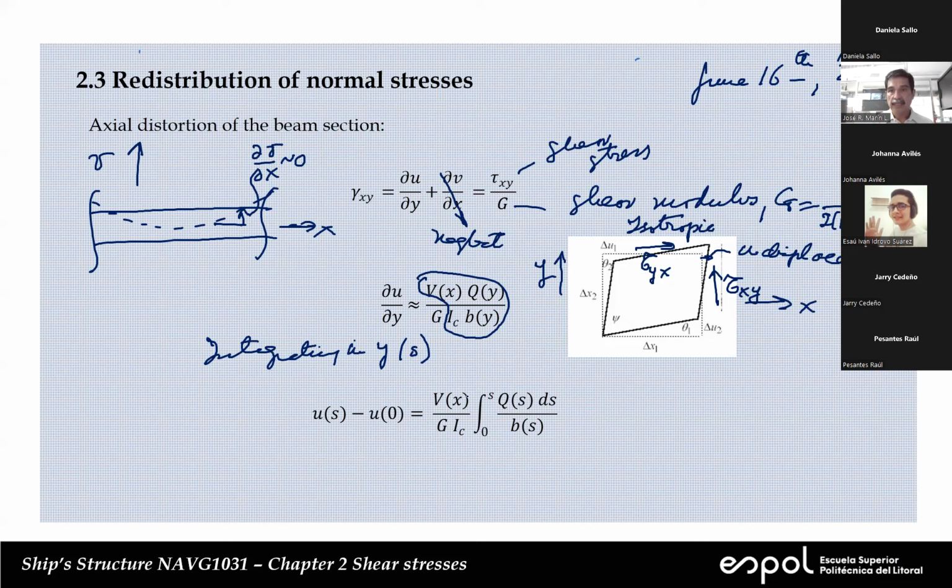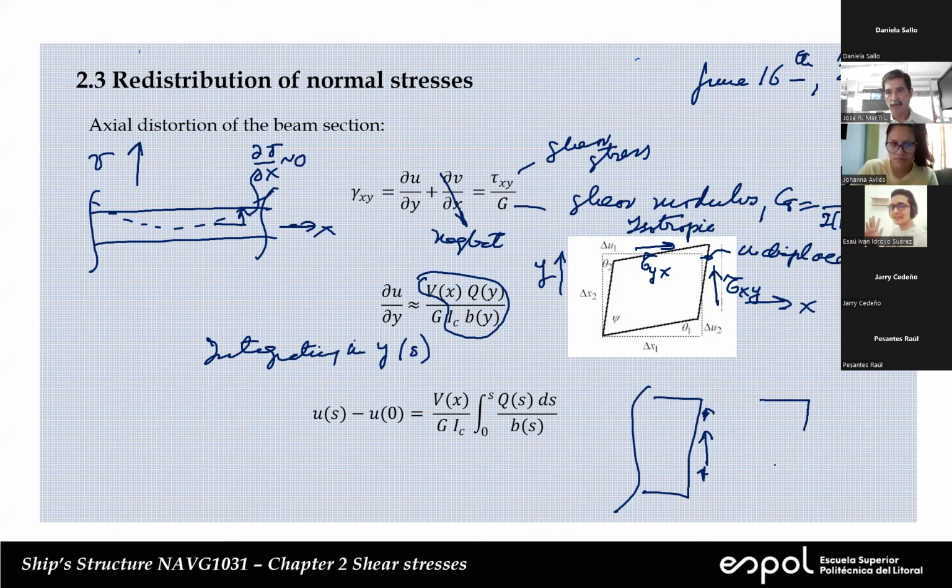If we take a section like this one, and we have a distribution of tau, this section will deform. Let's suppose that it deforms like this. Originally it was straight, so this was parallel to that.